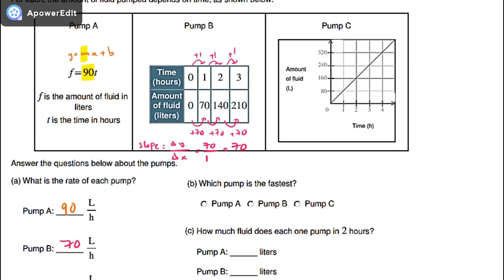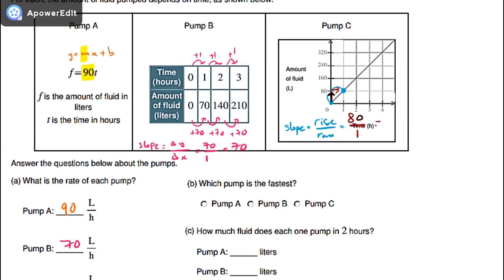Now C, we're going to look at the graph. So we're going to look at 2 points that you can read exactly on the grid. Looks like (0, 0) is one of them, and (1, 80). So we go up 80, run over 1. Slope is rise over run. So we go up 80, and we run 1.